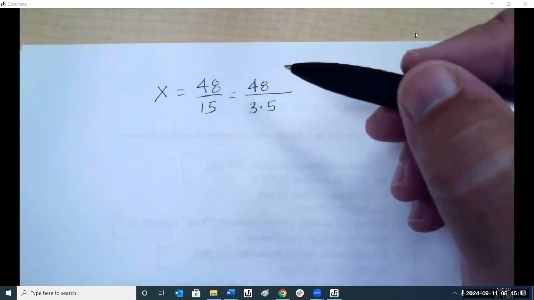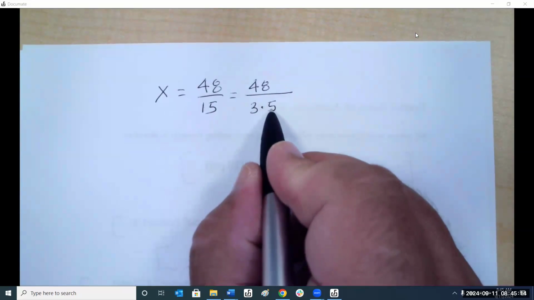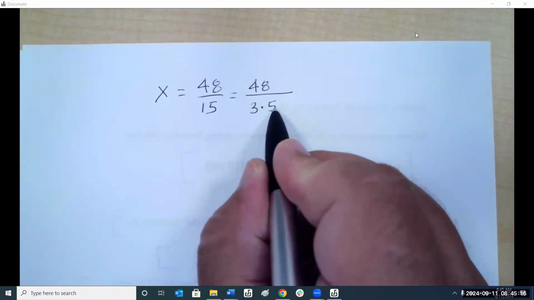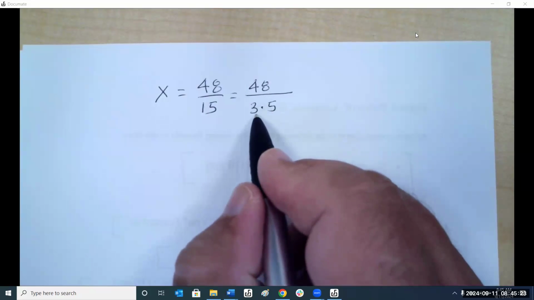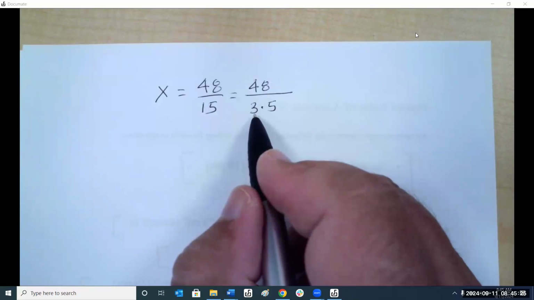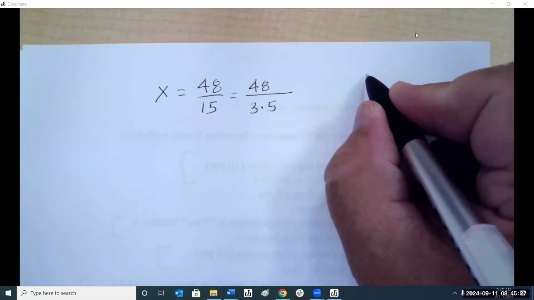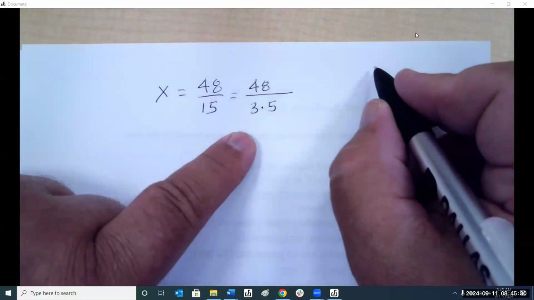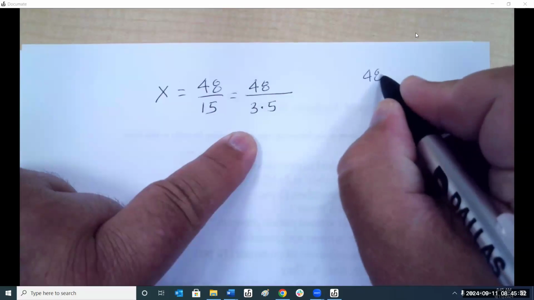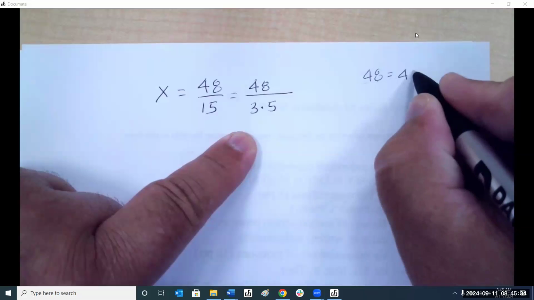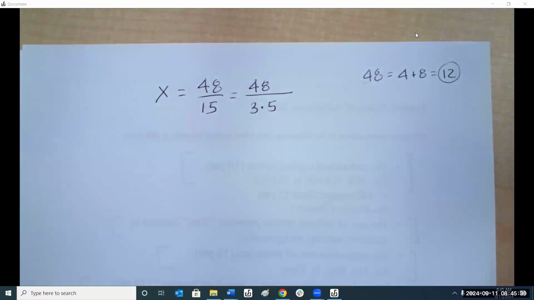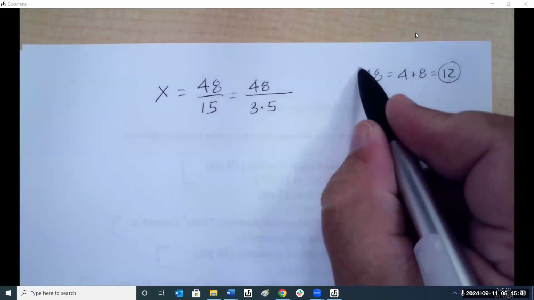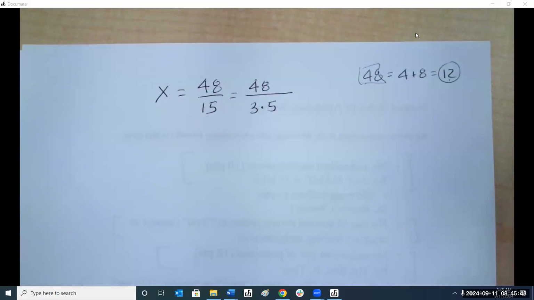No. Why do we know it's no? Because a number is divisible by 5 if it ends in a 0 or a 5. So it's not divisible by 5. Is it divisible by 3? It's divisible by 3 because if you take the digits of 48 and add them together, is that number divisible by 3? Yeah, if that number is divisible by 3, then 48 is divisible by 3.